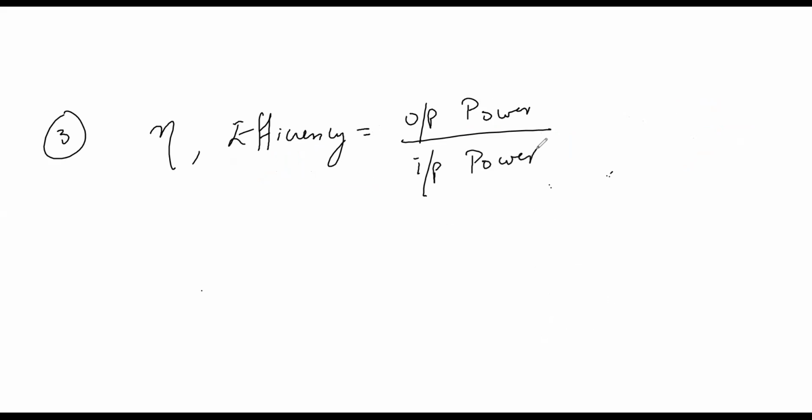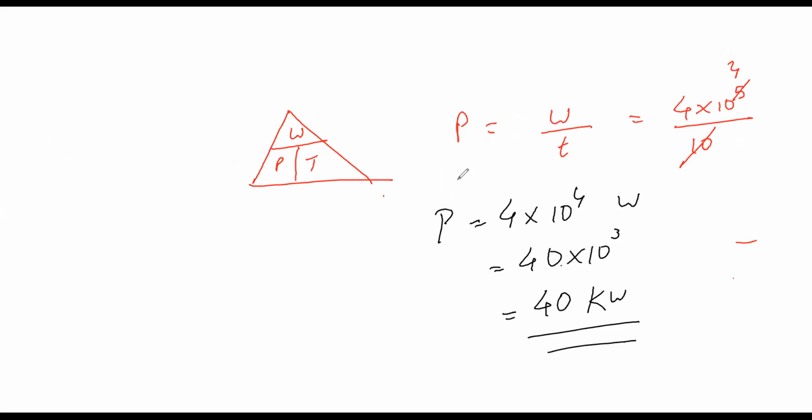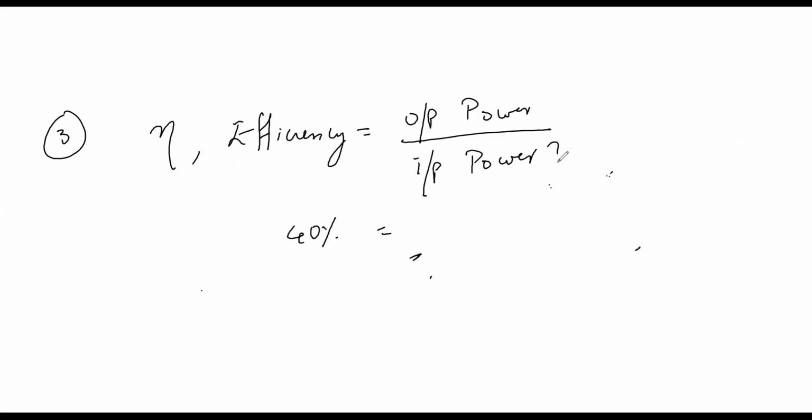So in the question they have given the efficiency is 40%. Correct? 40% is the efficiency. Output power by input. Output we don't know what it is. Sorry. Output, just now we found out what the output power is. Input we don't know what it is. Input power we have to find out. What is my output power in this? 40 kilowatt.